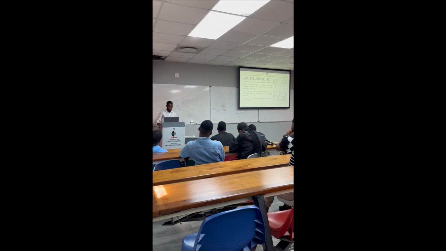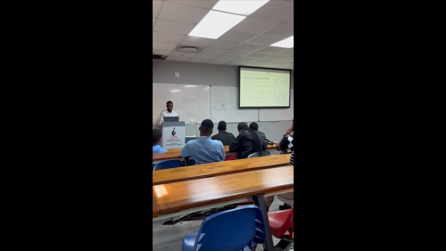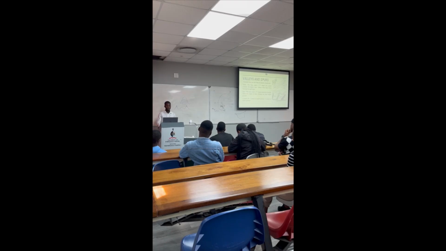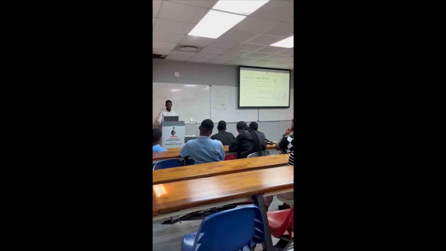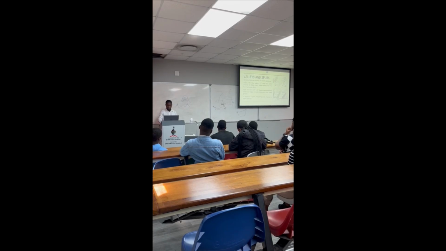And the spurs make a U shape pointing downhill. Spurs are ridges of land sticking out from the higher ground. When you look at our picture here, this is a U shape.